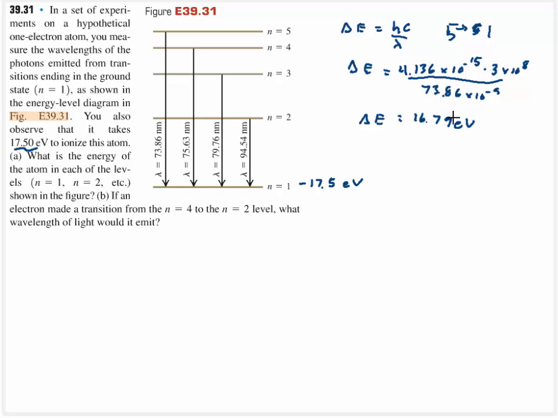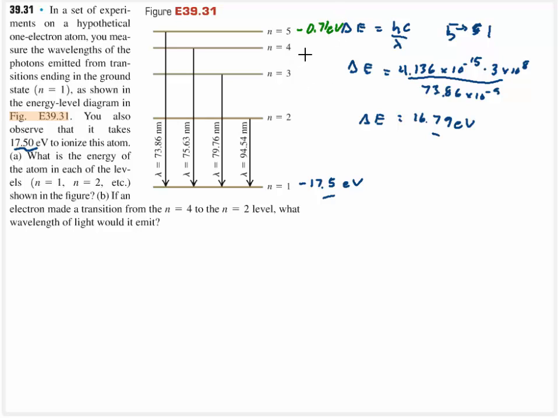That tells me that the difference between negative 17.5 and that is going to be the energy of my n equal to 5 state. And so that tells me that this is going to be negative 0.71 eV.